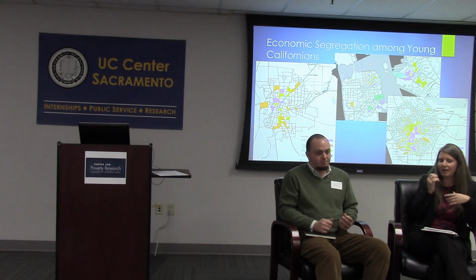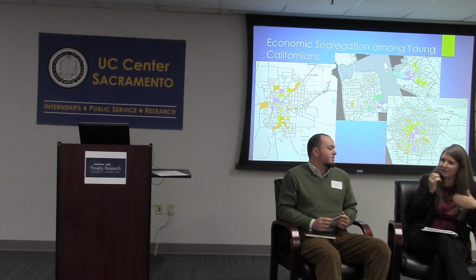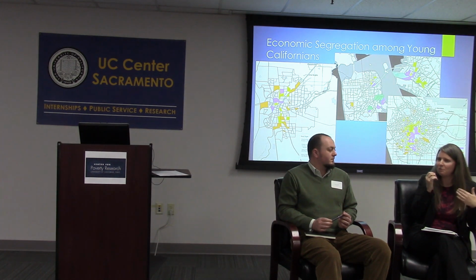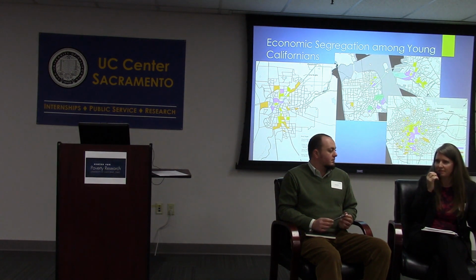So I will say, one advantage of approaching it through a mix of incomes is that it can do things like equalize the tax base and those kinds of things that help make it a sustainable long-term approach. But that also gets back to the idea of what scale of mixing is ideal. Is it maybe that you don't need to mix neighborhoods as long as you mix cities, or you don't need to mix specific schools as long as you mix school districts?